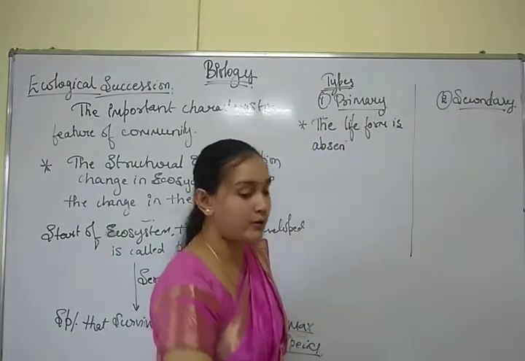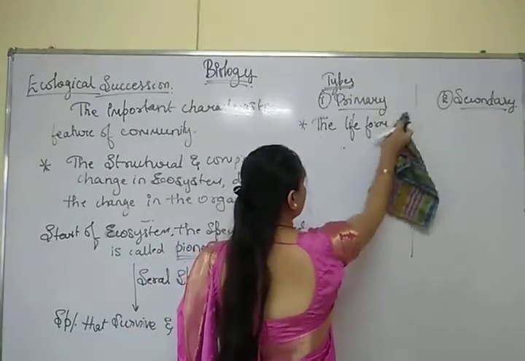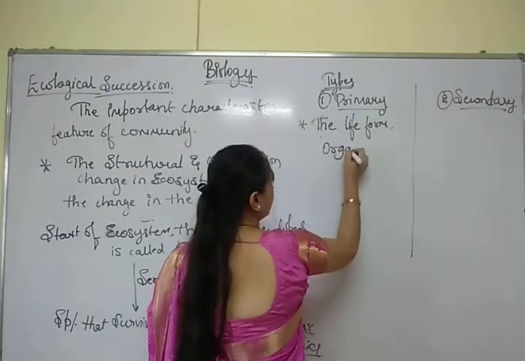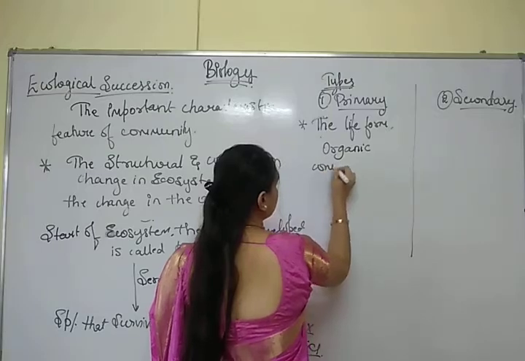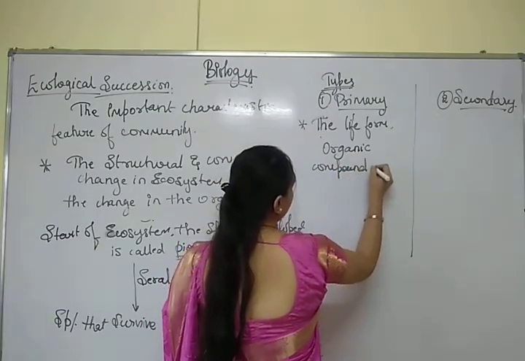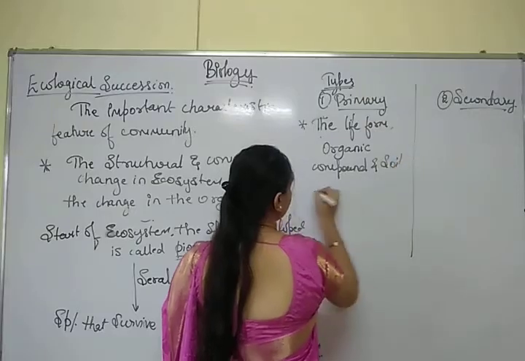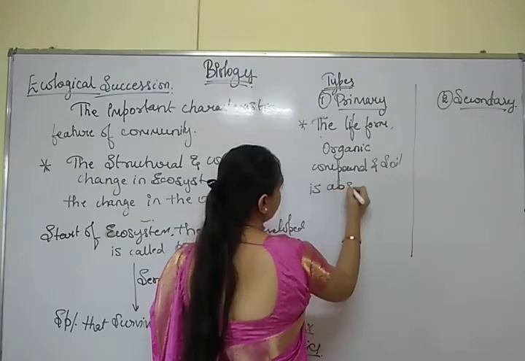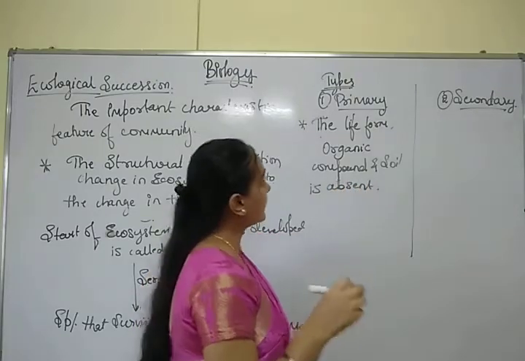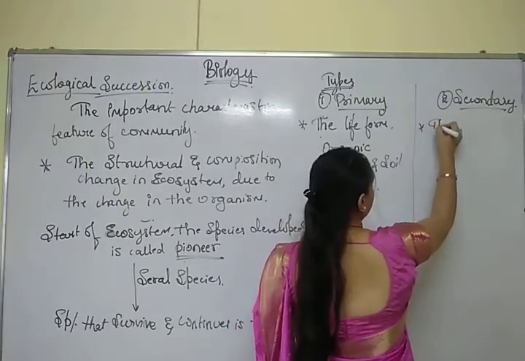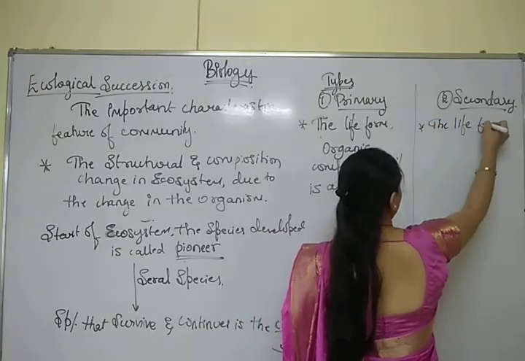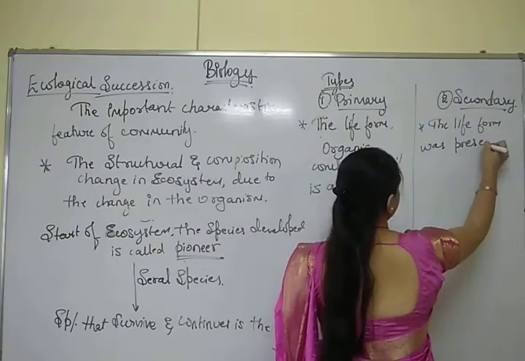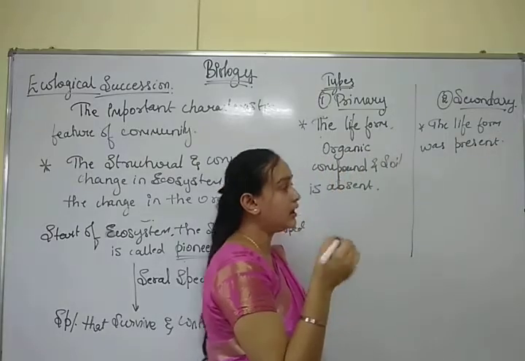Not only the life form, the organic compounds and soil are also absent here. In the secondary, the life form was present, which has become extinct in that particular place.